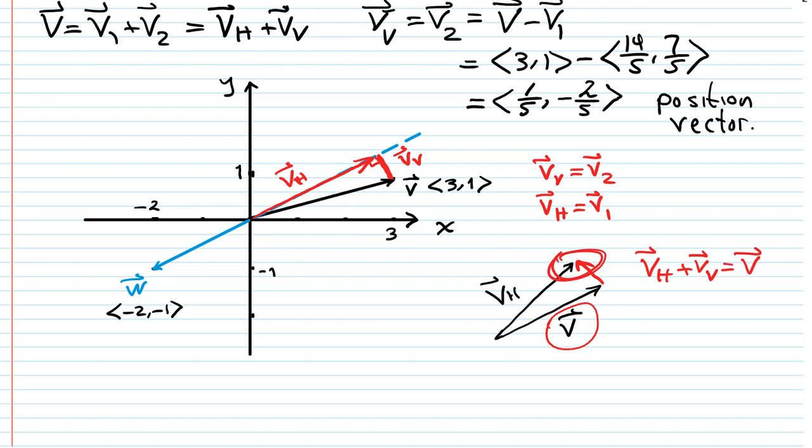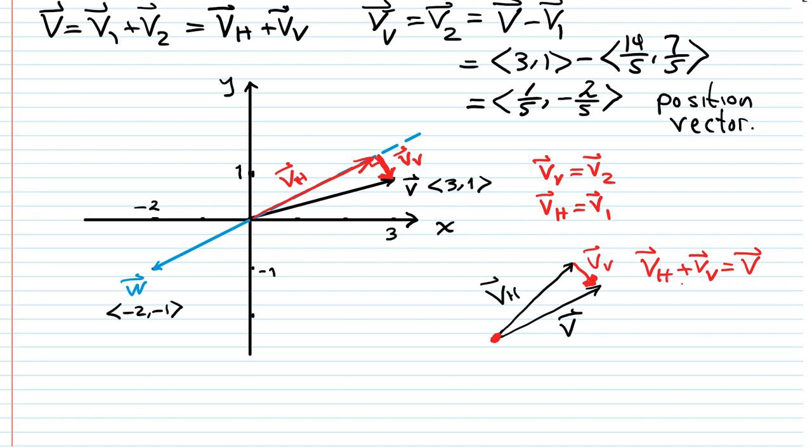This way they cannot add. So the only way V can be the sum of those is if I have a vector going in this direction. Now I can use the tail to tip method, tail of one, tip of the other, to find the sum vector. And that's what V is. Therefore, the direction is like that on my Cartesian coordinate. So it's going to go in that direction.